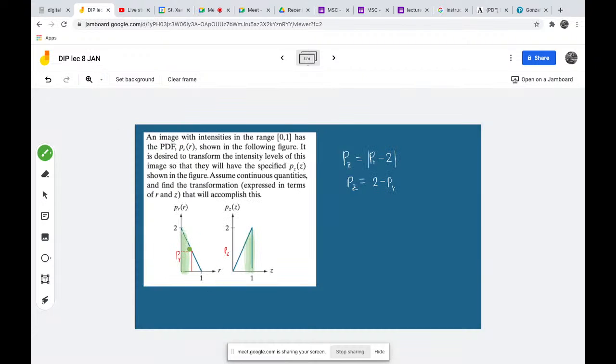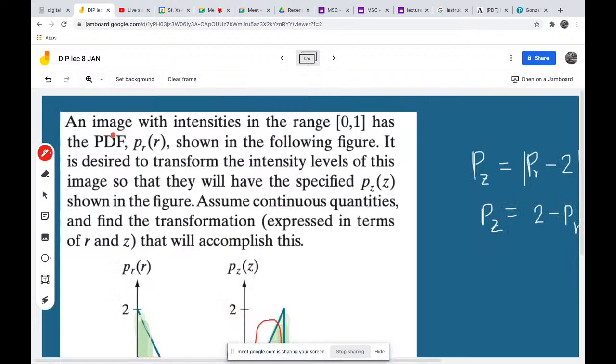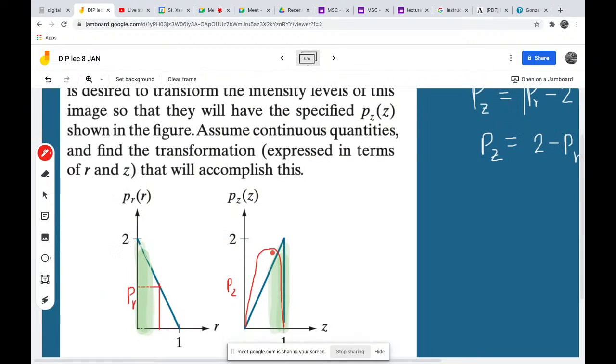For example, I would take this only as input, but at the output, let's say I want this kind of output. Are you getting my point? That I want this kind of histogram. This is my input histogram, and I want this kind of histogram. What could be my transformation function?